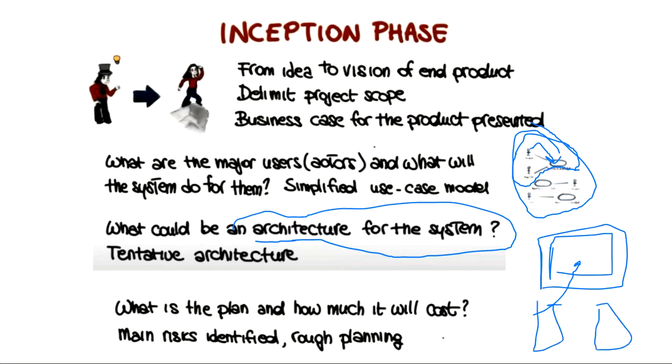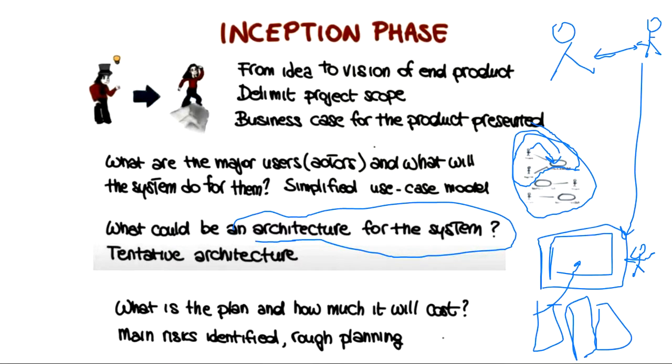This is what the inception phase is: first the user communicates with the project manager, then the project manager asks his team in the meeting room, and everything related to that project is discussed. That is the inception phase.